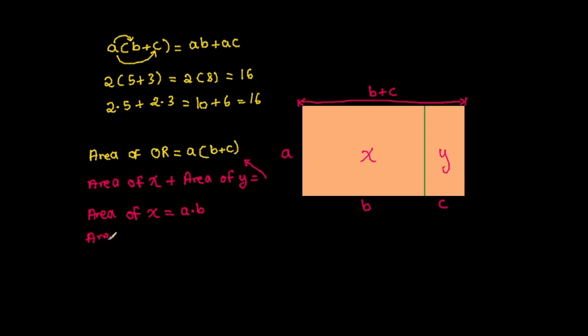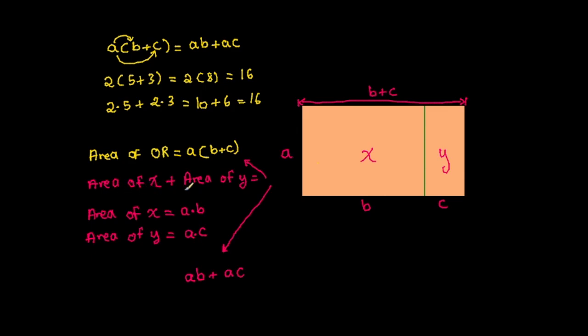The area of rectangle Y is just the width of rectangle Y, in this case, again, it's A, multiplied by its length, C. So the area of Y is A times C. So we know that the area of X plus the area of Y, let me just draw an arrow down here, is the same thing as A times B plus A times C. We just found it right here.